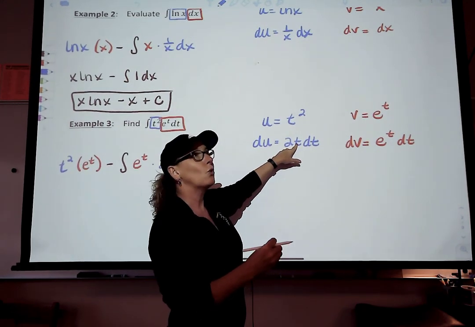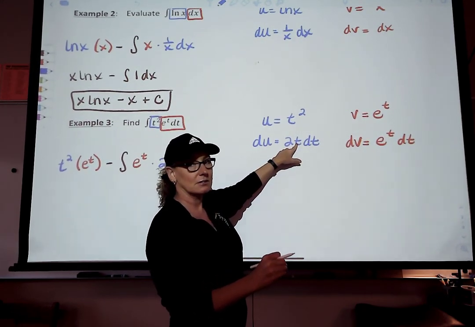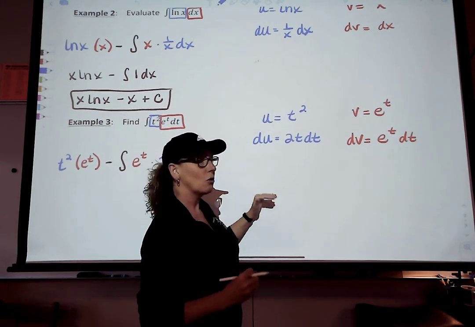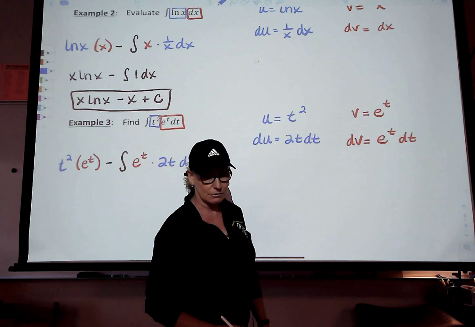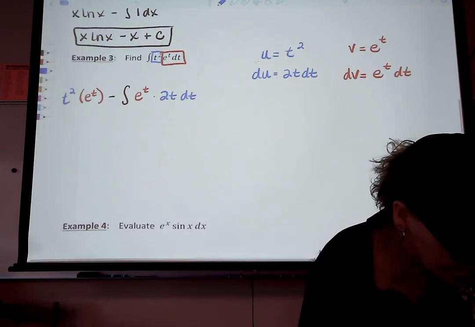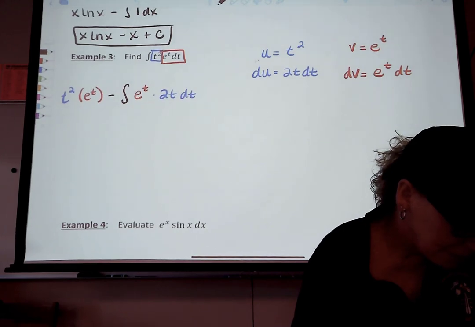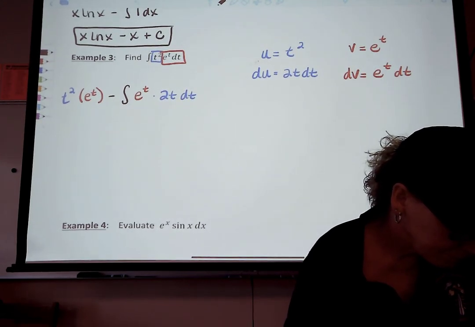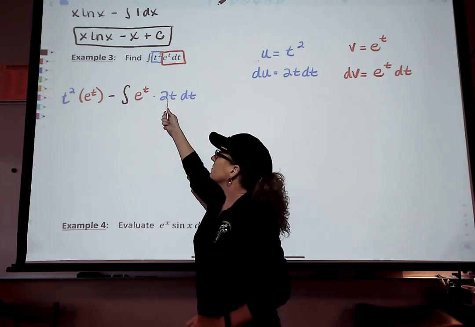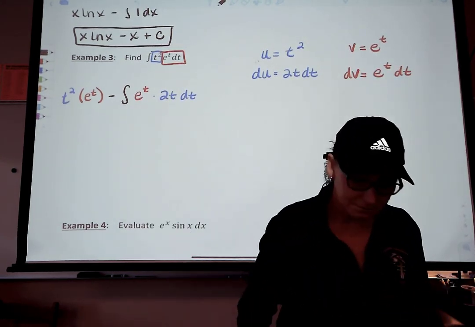I think if we do one more round of this, we can get that t to go away when we do another derivative. So I think what I'm going to do is maybe pull this 2 out to get it out of the way.